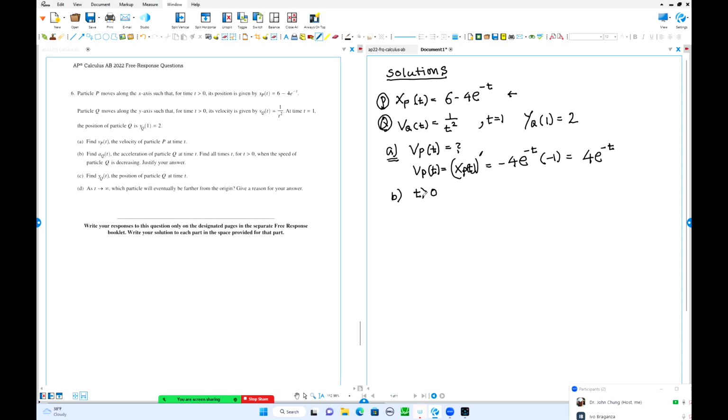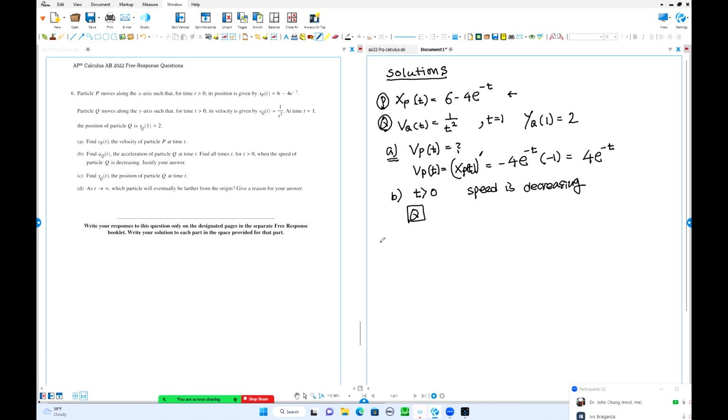So we're going to find the time t in this interval when the speed of particle Q is decreasing. We're talking about only particle Q.